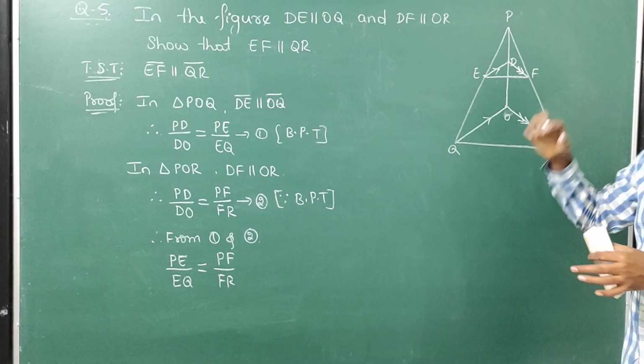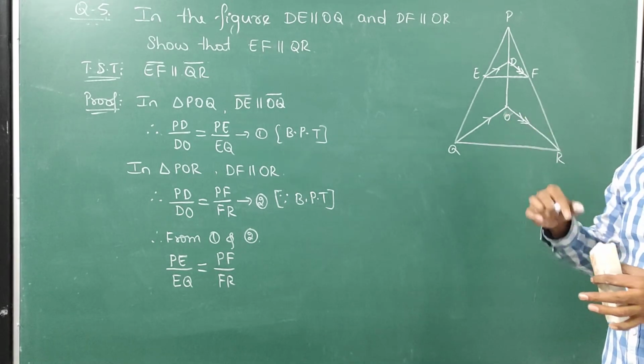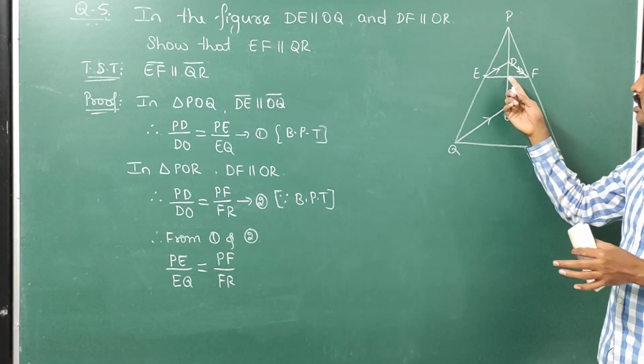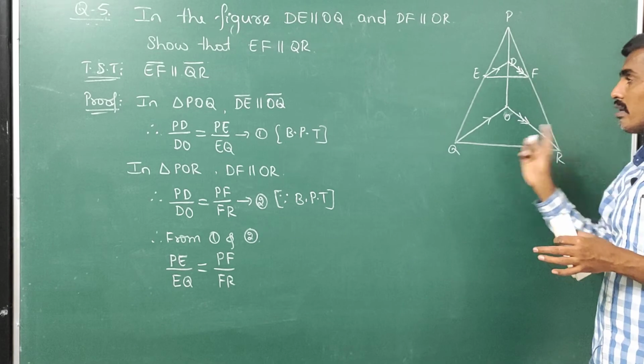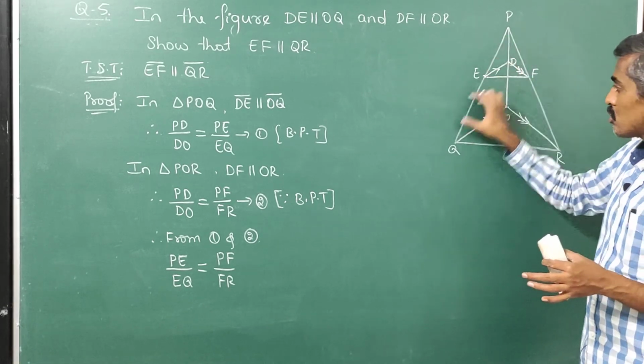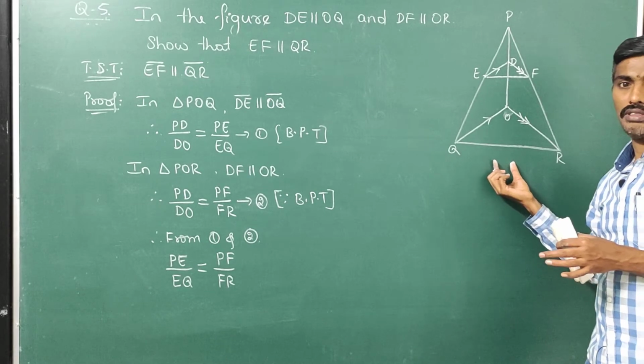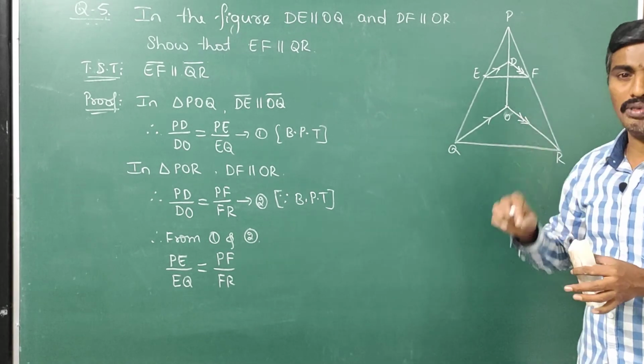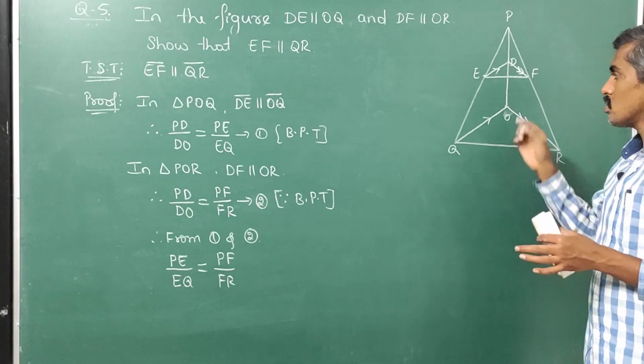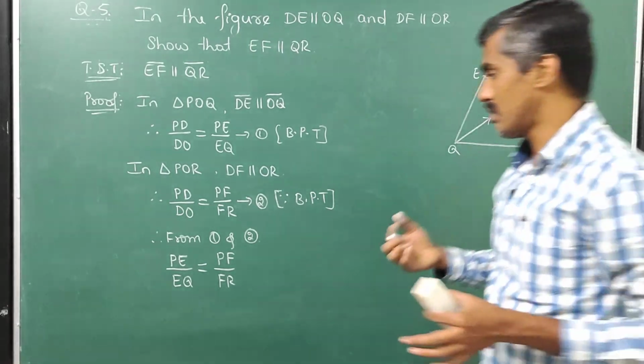So according to theorem 2, if a line divides any two sides of a triangle in the same ratio, then that line is parallel to the third side. It is theorem 2. So it is nothing but the converse of Thales theorem.